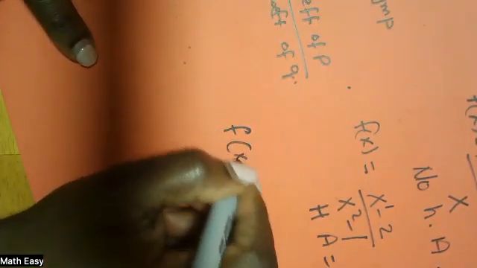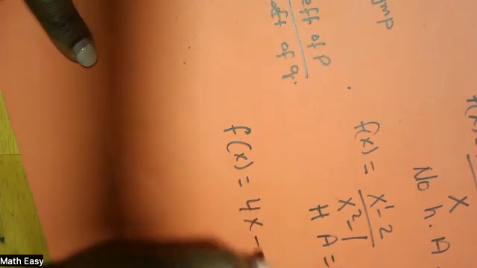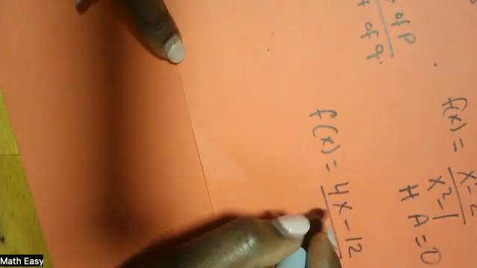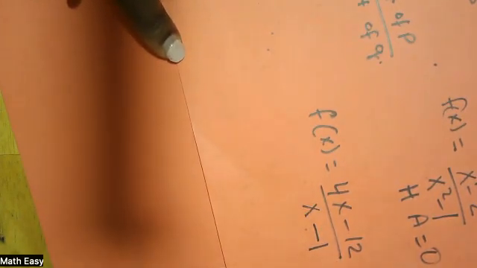One more example, we have f of x is equal to 4x minus 12 over x minus 1. What's your degree on your p? Well, it's 1. The degree on q is also 1.